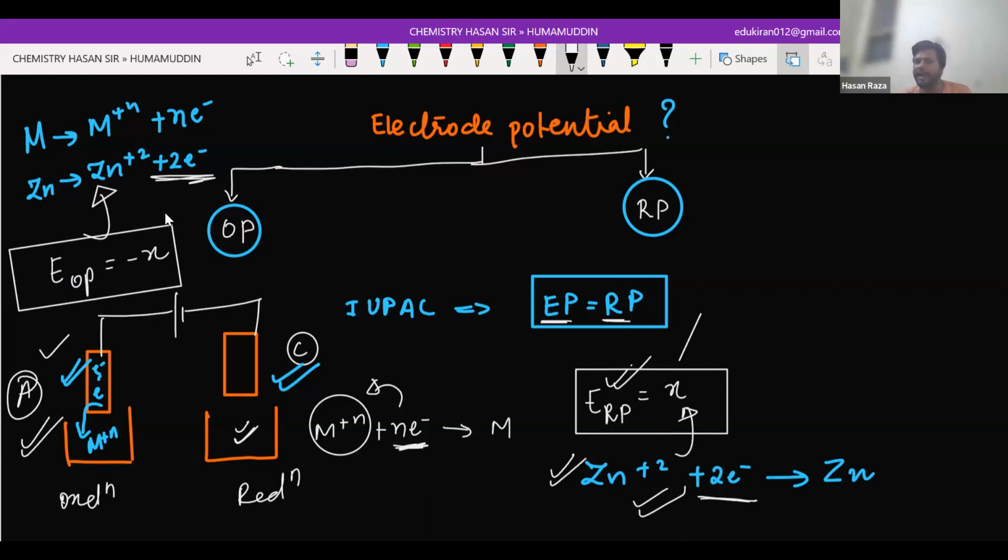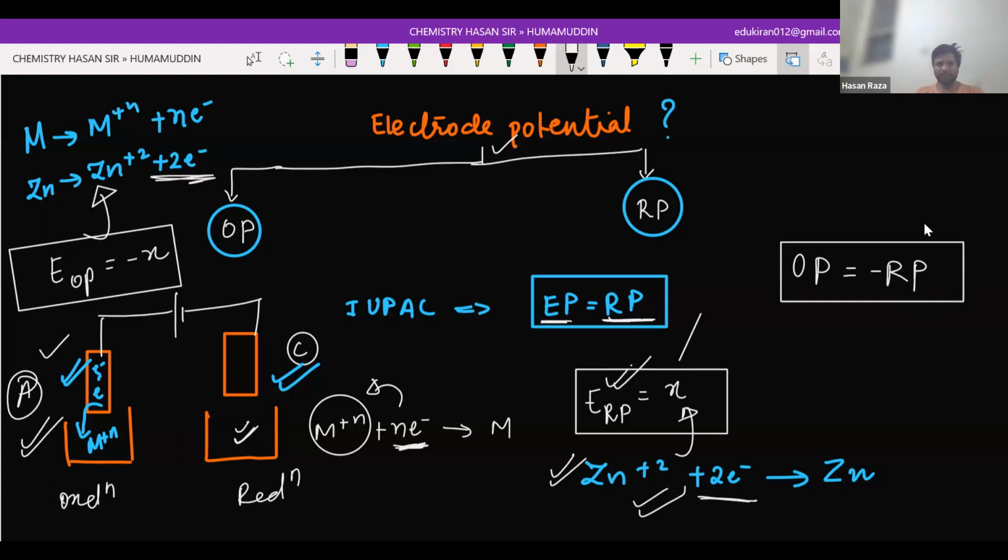So it's very simple. All I want to say is that the electrode potential will always be equal to the reduction potential, and oxidation potential will be negative of reduction potential, because you know that in oxidation potential, the number of electrons lost at one of the electrodes will be gained by the metal on the cathode.